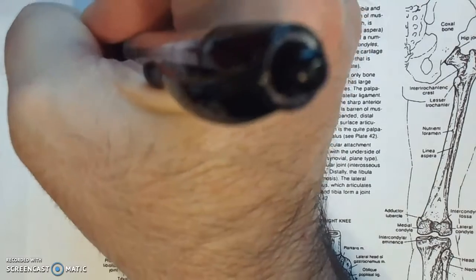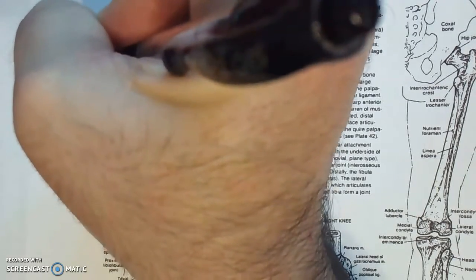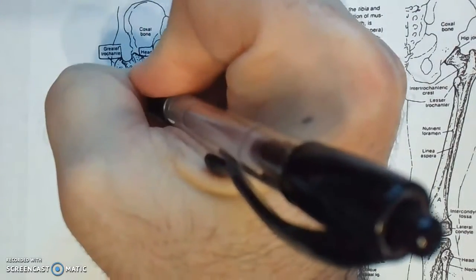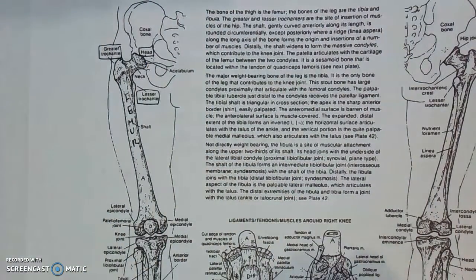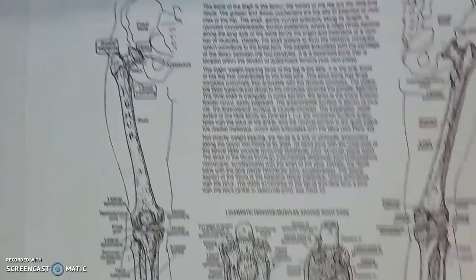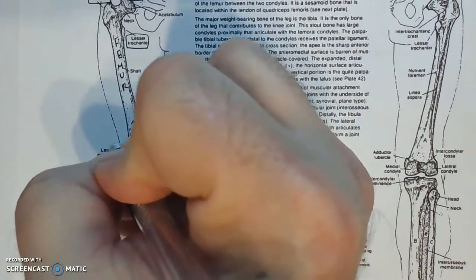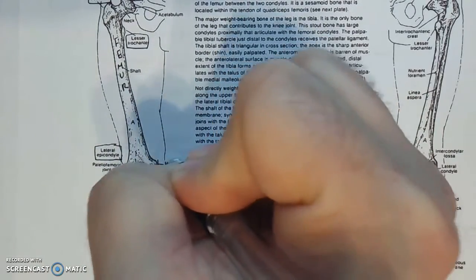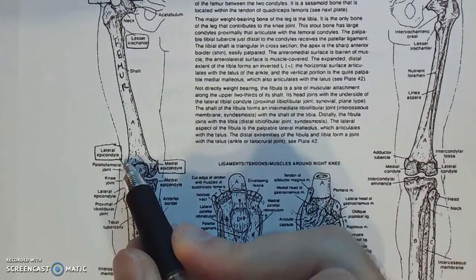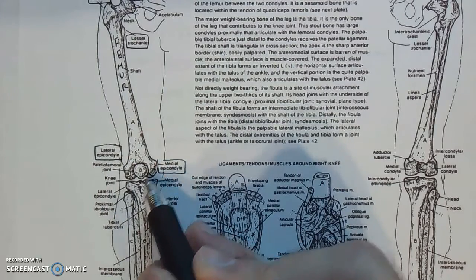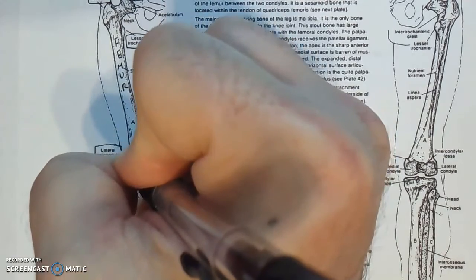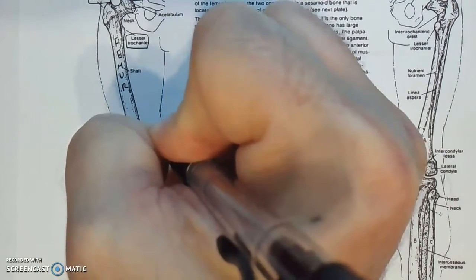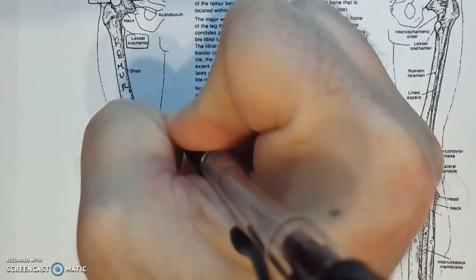We see the greater trochanter, which is this large lump here, and then there's a small one medially called the lesser trochanter. Down here, we have the lateral and the medial epicondyle. So these are the edges that stick out that meet up down here in the knee joint. This area right here is the patellar groove.